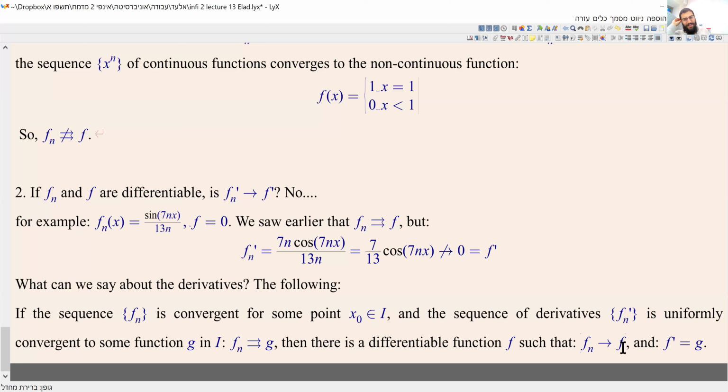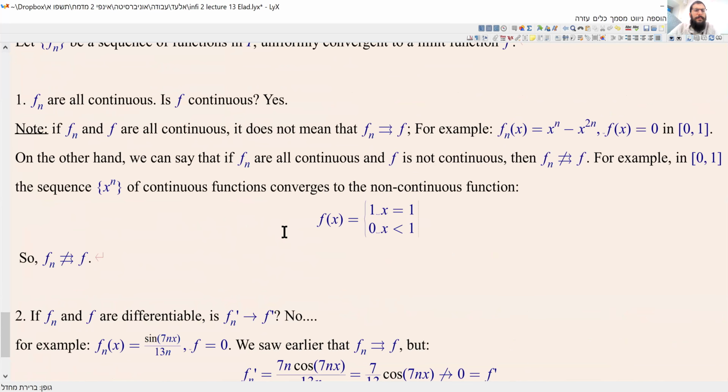By all means, any questions, Sammy, before we close the Zoom? Yeah, in the previous point one, just if you scroll up a page. So we said if all fn are continuous, then f is continuous.